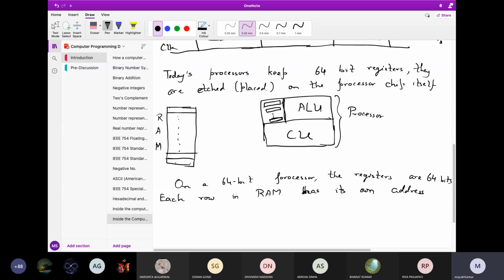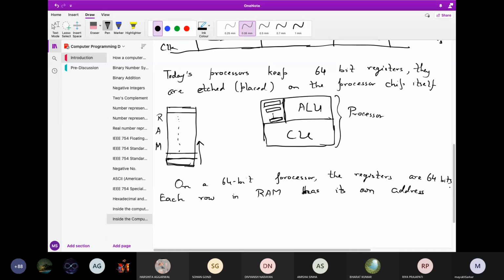Generally we start the address from the lowest byte, and we increase in this direction. So maybe this address is 0, then it's 1, 2, and so on. Maybe this is the row with the highest address in the RAM. Each row in RAM has its own address.